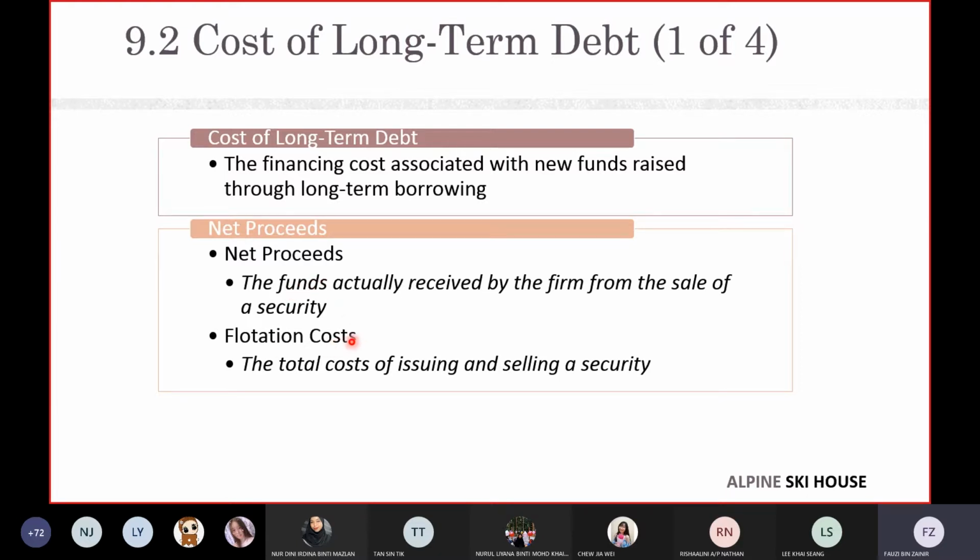And then the other miscellaneous costs, which we consider as flotation costs, which are the total costs for issuing and selling securities. When you issue new securities, you have to hire investment bankers, then there's a cost to it, and the cost of issuing, administrative costs, postage, mailing costs, and marketing costs, everything included. So you express that cost per security, per share, or per bond.